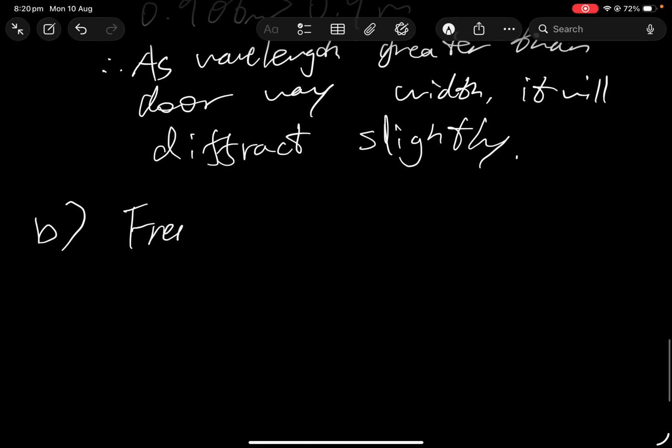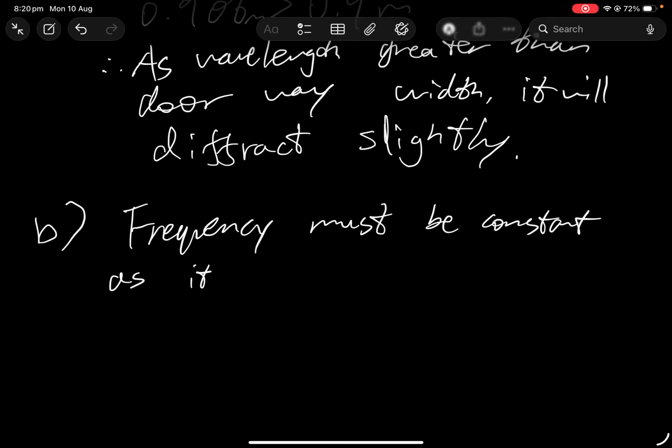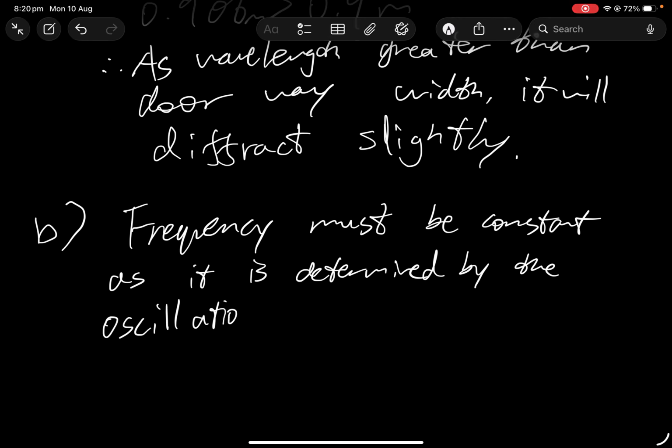Well, frequency must be constant as it is determined by the oscillations that created it.